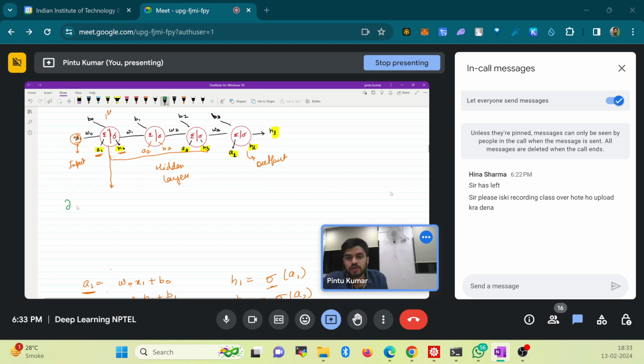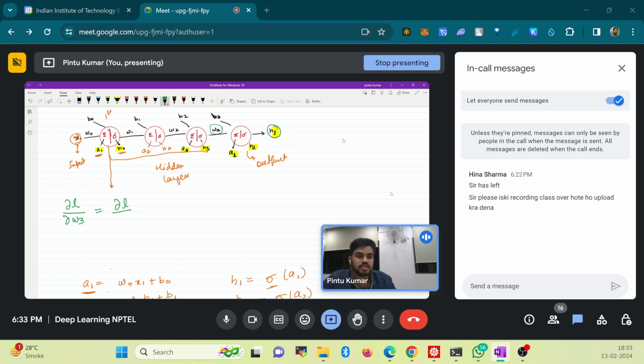Okay, so I want to calculate partial derivative of L with respect to W3. Okay, so because this is the first thing that I can see over here, then we will propagate backwards. Okay, so what is del L by del W3? This is again a simple application of chain rule. This is del L by what you are getting as output.